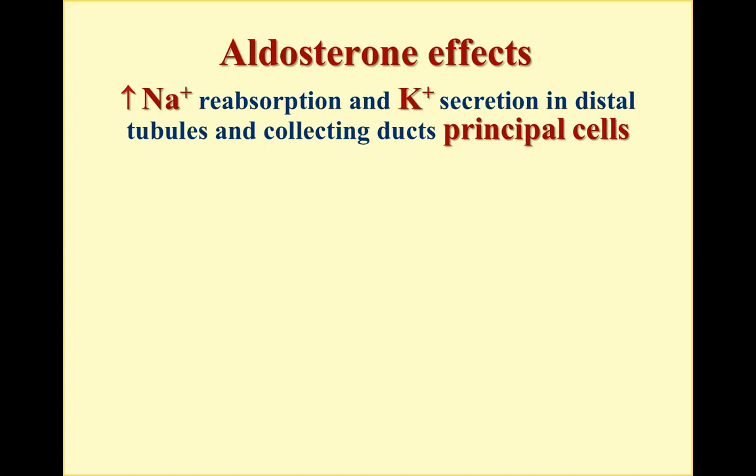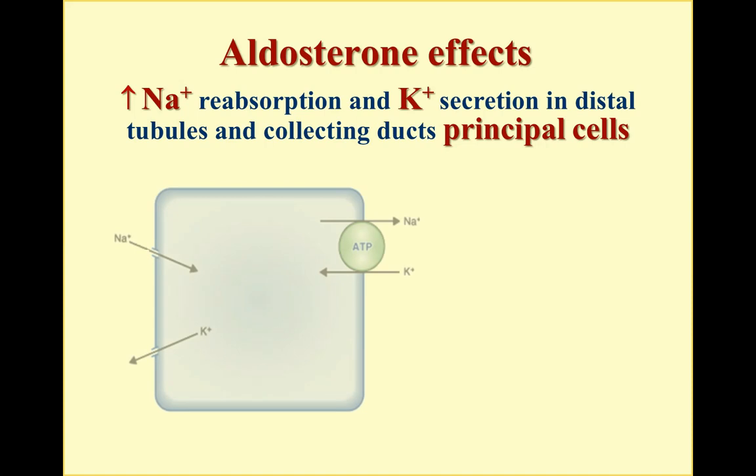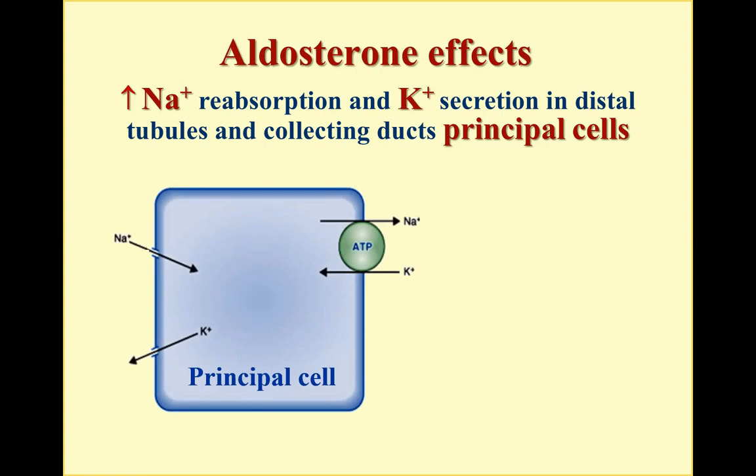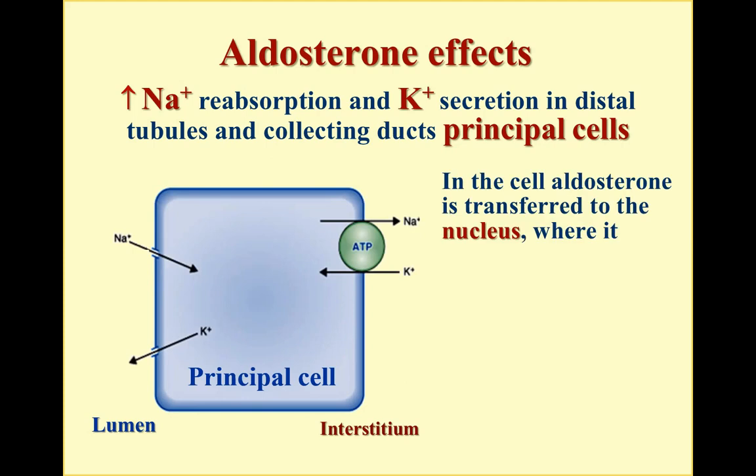Higher sodium reabsorption and potassium secretion occurs in the distal tubules and collecting ducts, in principal cells. Principal cells of these distal portions of a nephron, facing the lumen side is to the left, and facing blood, interstitial, is the right side.